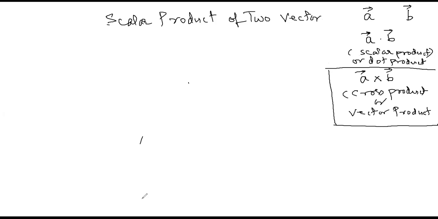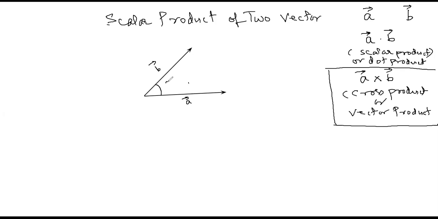Suppose two vectors are there, this is the vector A and this is the vector B. These are two non-zero vectors inclined at an angle of theta.